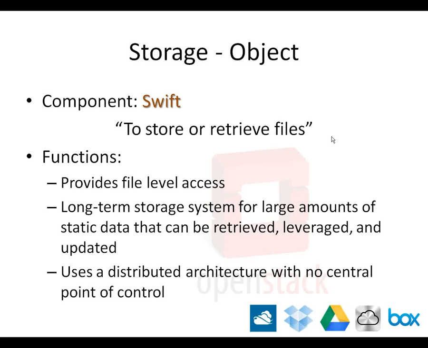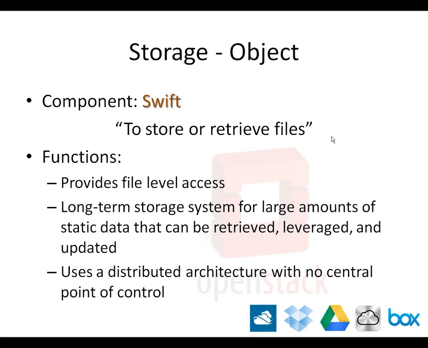File level access, in the sense, you just upload your file, you can share it with any number of people, anywhere, anytime, and you can access it from any device, with mobile or a laptop or any OS, in the UK, US, everywhere, and it is all with a URL.